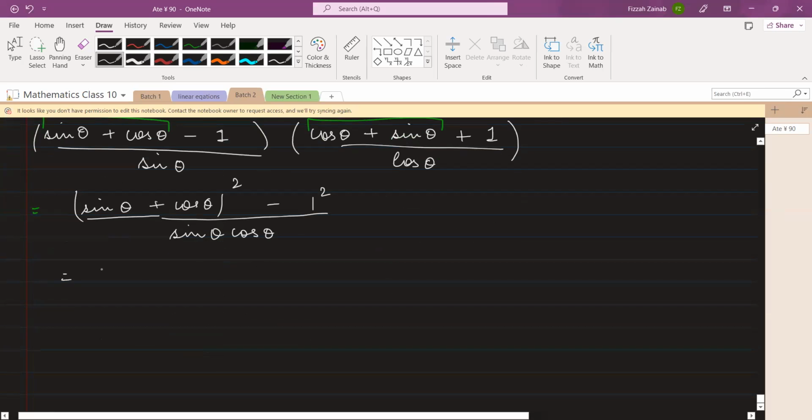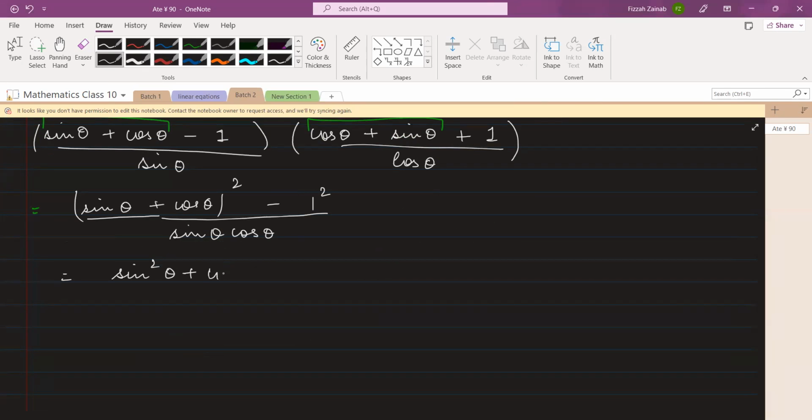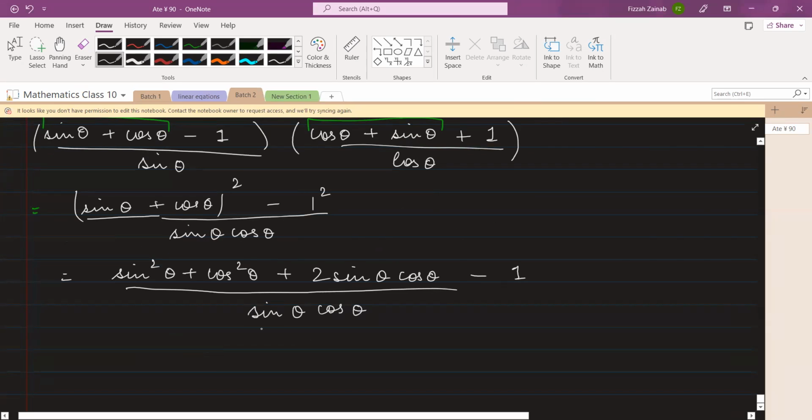Now open the bracket. So a plus b whole square means sine square theta plus cos square theta plus 2 sine theta cos theta, and then you have minus 1, divided by sine theta cos theta. Again, sine square plus cos square becomes 1.